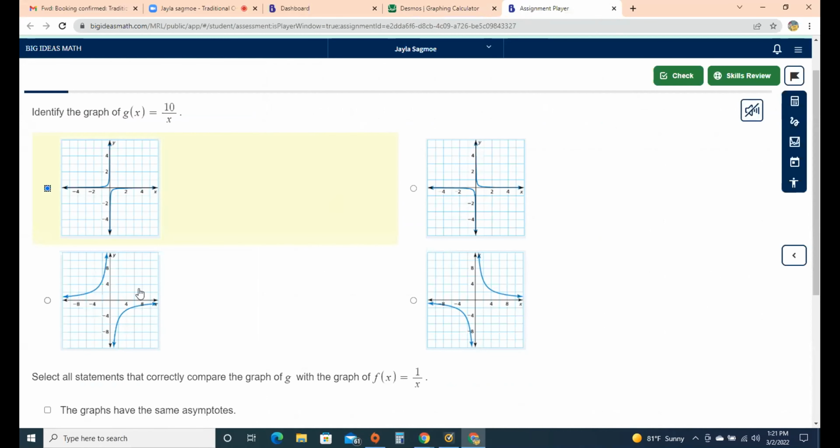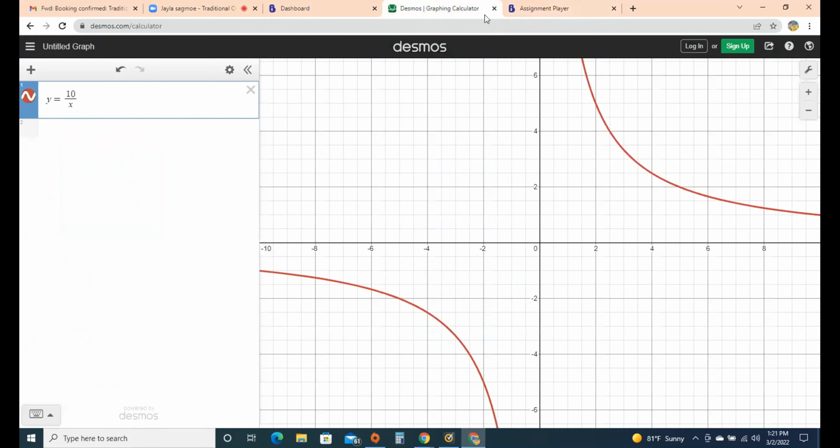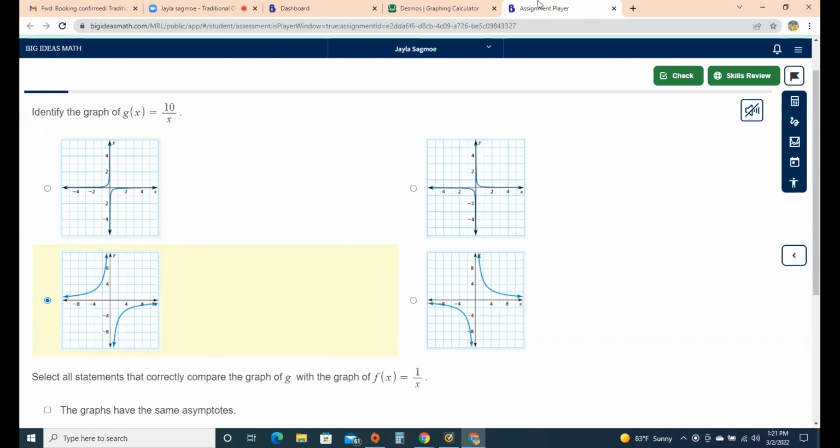Do you see how the two graphs on the right look kind of the same? It could be either the top right or the bottom right. To figure out which one is correct, you want to make the same window.